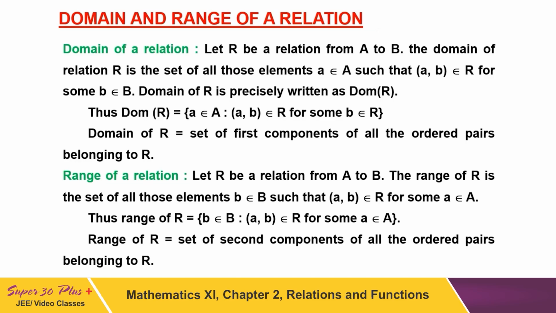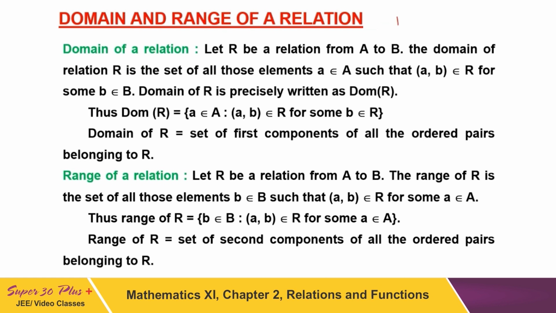Students, now it is time to understand the basic concept of domain and range of a relation. Now, what is the domain and range of a relation? It is a most important topic.